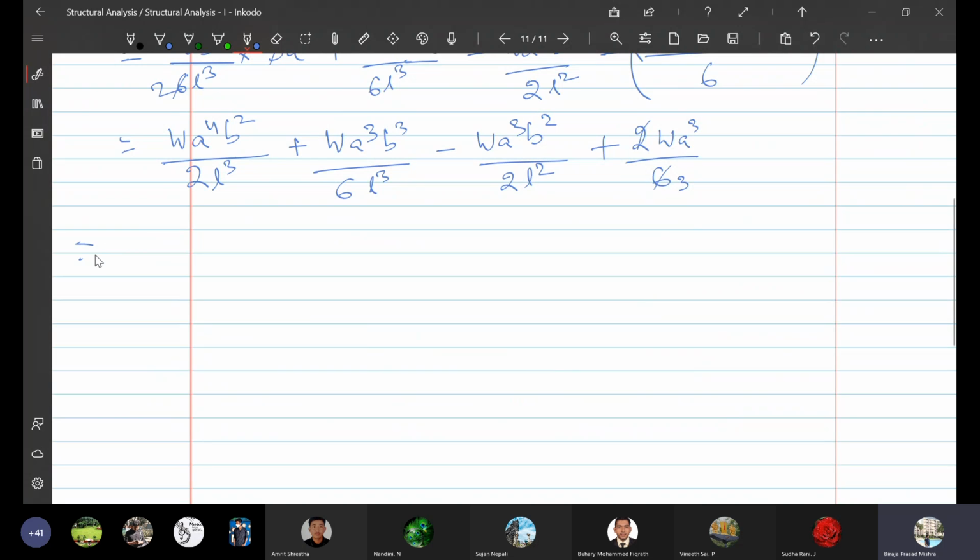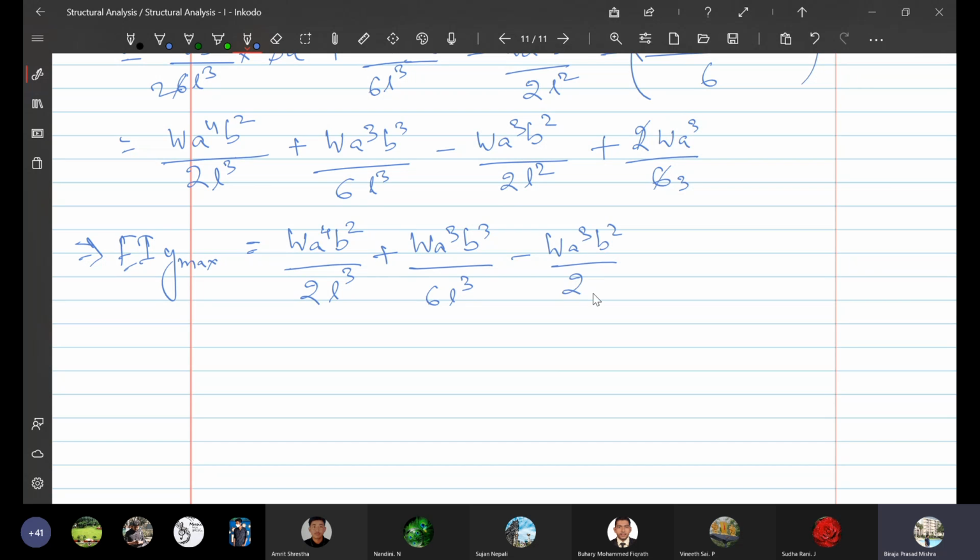So this implies EI into y max equals w a to the power 4 b square divided by 2l cube plus w a cube b cube by 6l cube minus w a cube b square divided by 2l square plus w a cube by 3.